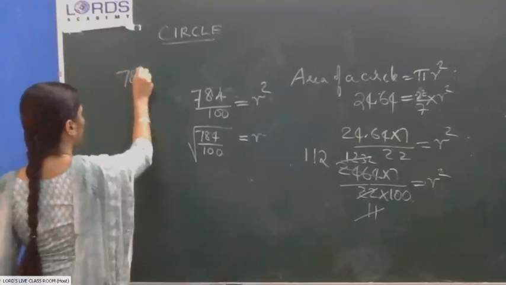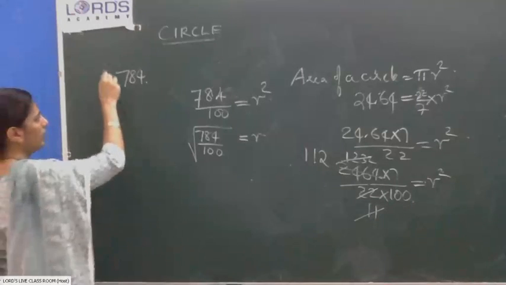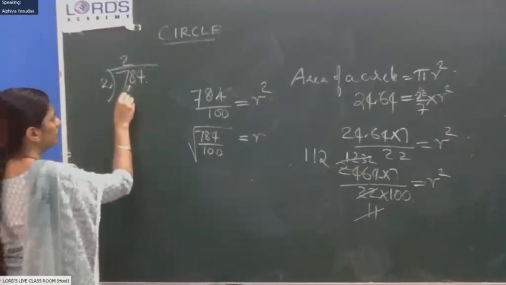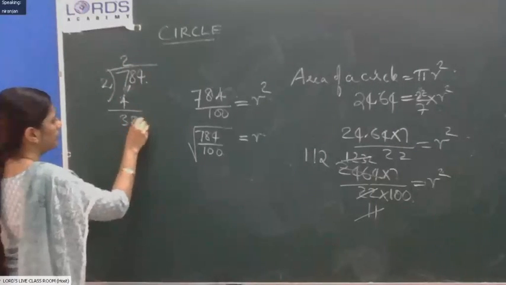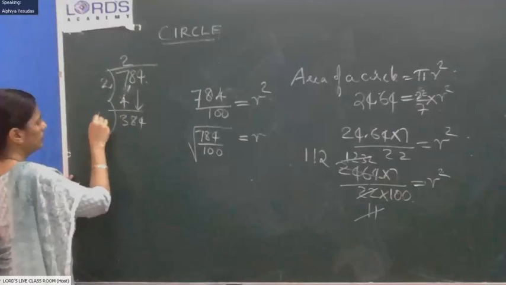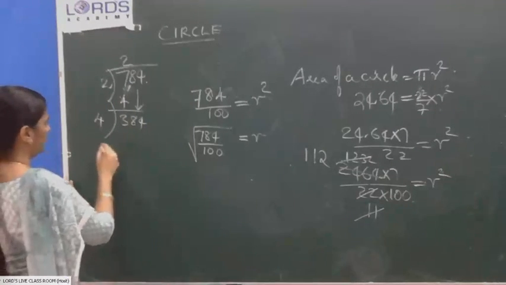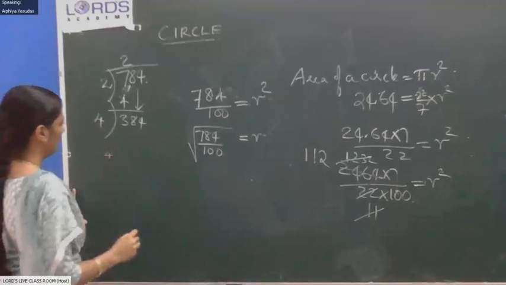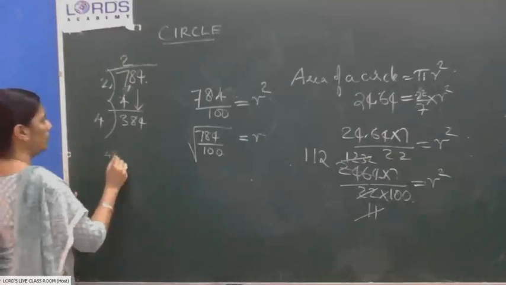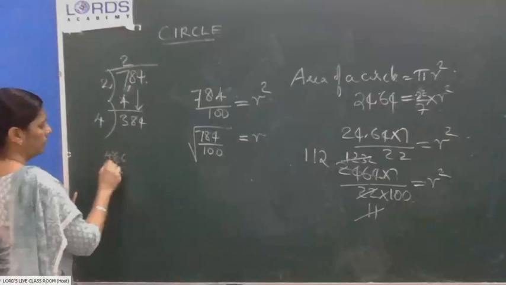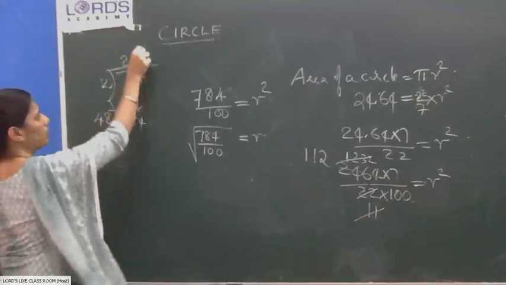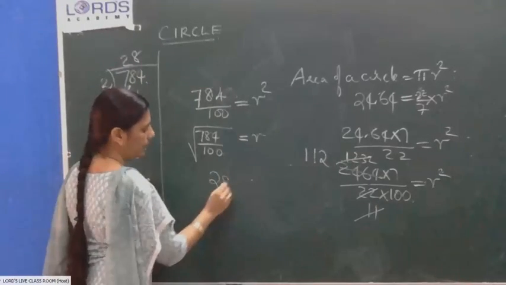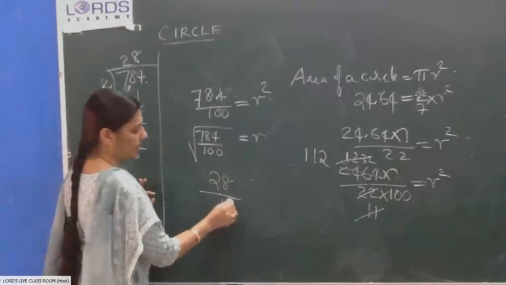What is division method? We can use division method. 28, yes, 28 by 100, its square root is 10.